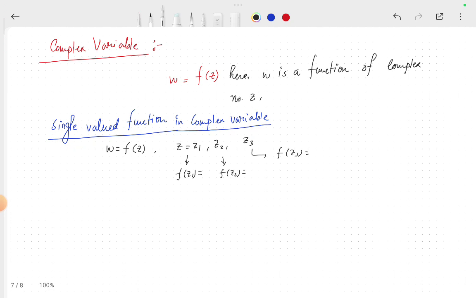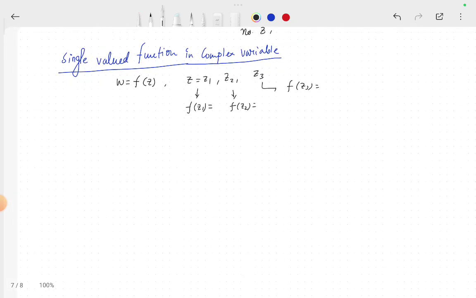Then this function is called a single valued function. Okay, understood.